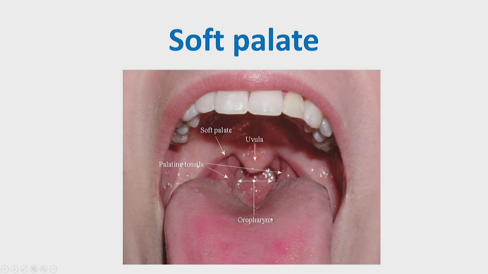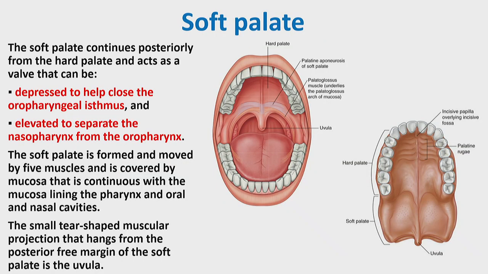And finally, near the soft palate, between the two arches that we are going to discuss, is the location of the palatine tonsil, which is examined during oral examination by the doctor.